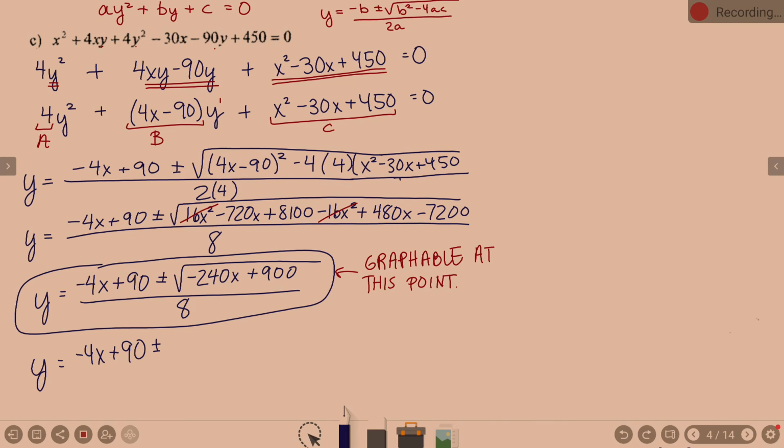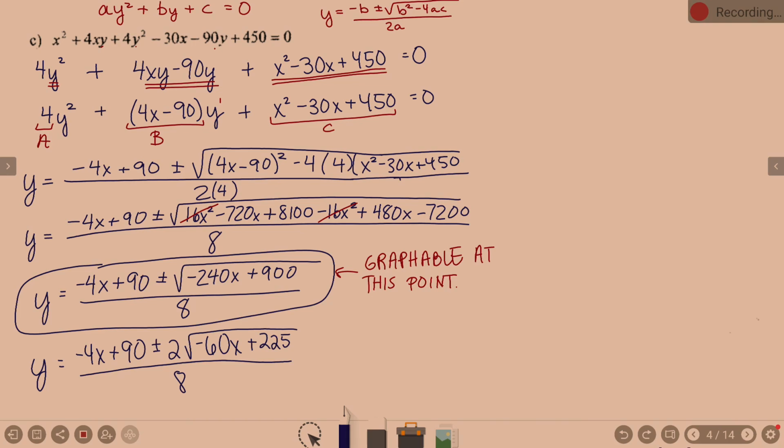If I factor a 4 out under the radical, when I take that out of the radical, the square root of 4 is 2. If I divide each of those by 4, it's a negative 60x plus a 225 all over 8.